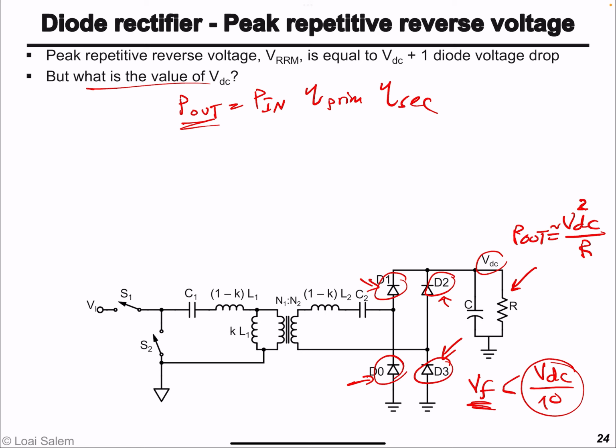Now, once we get this expression, we can find the value of VDC as the square root of the output power multiplied by the DC load resistance. And from that value, we can find the maximum voltage across any of the diodes. Vmax, the required maximum voltage rating, is VDC plus VF, one forward voltage drop. Okay, so that's the first rating for the diode.